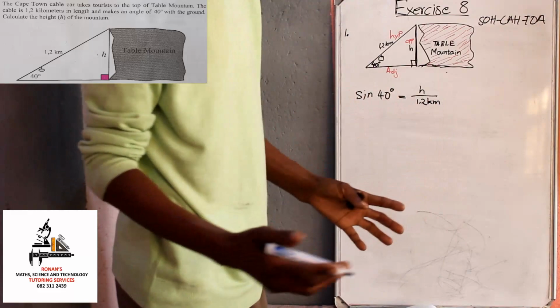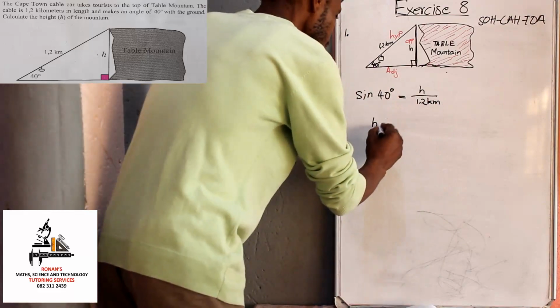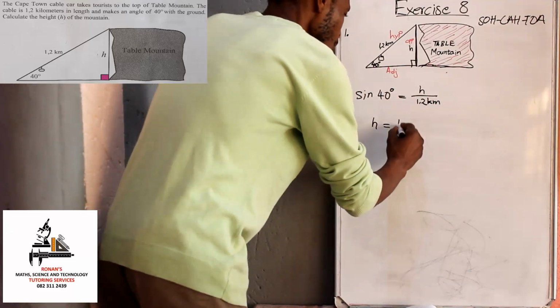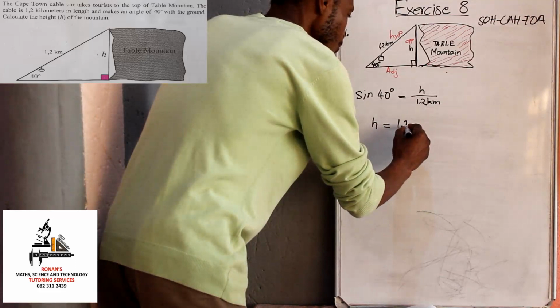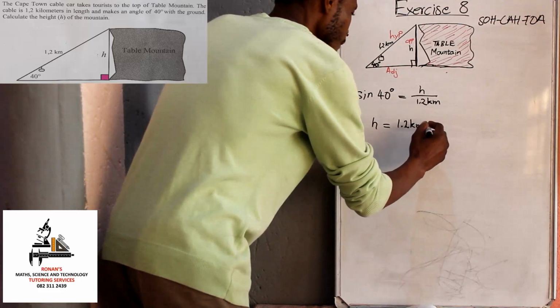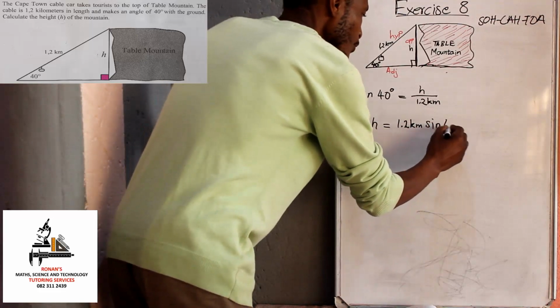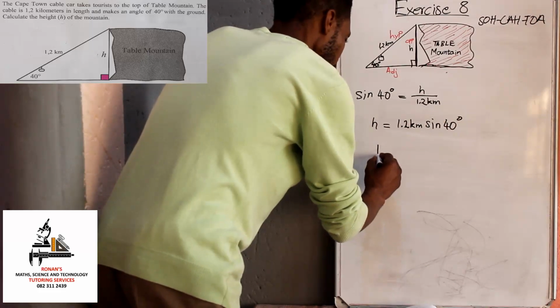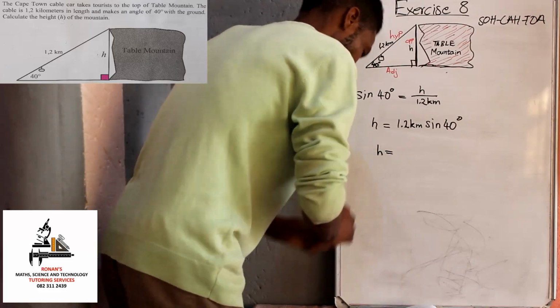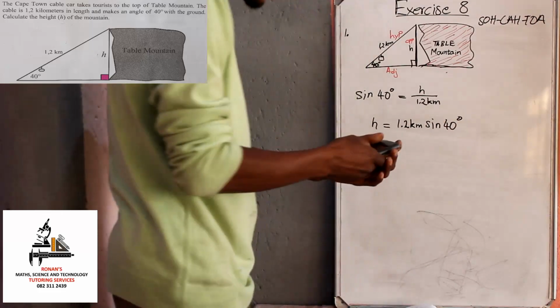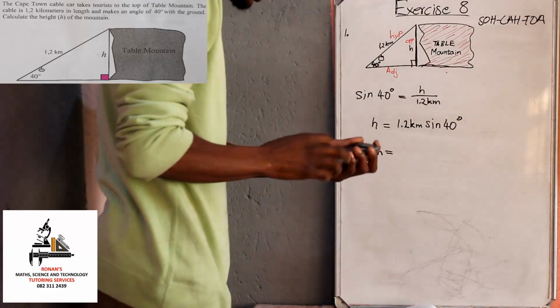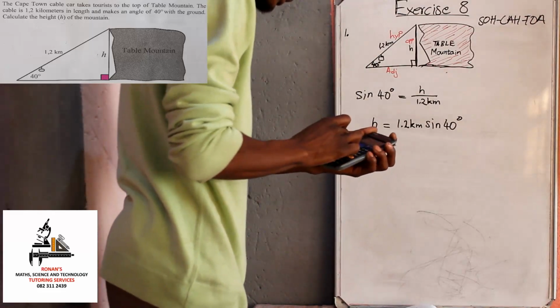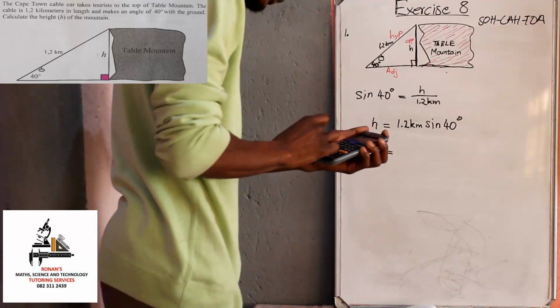Now, making h the subject of the formula, h is equal to 1.2 kilometers times sine 40 degrees. Therefore, we punch that into the calculator: 1.2 kilometers times sine 40 degrees.